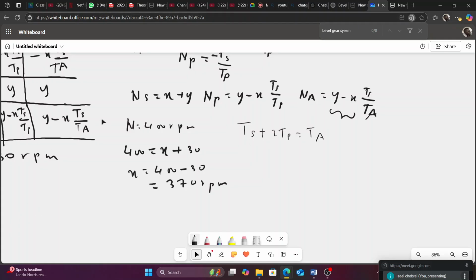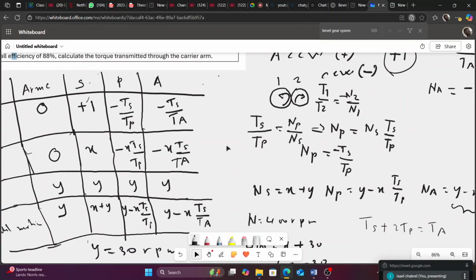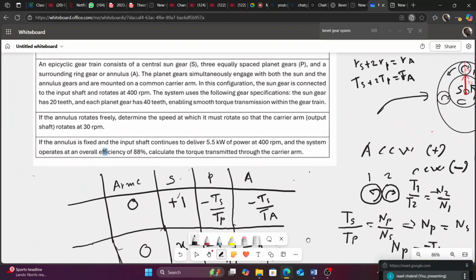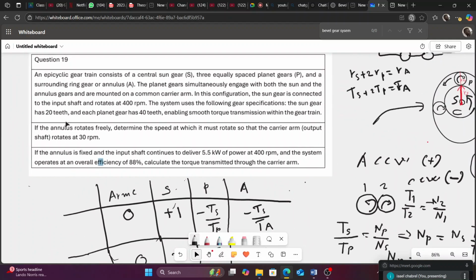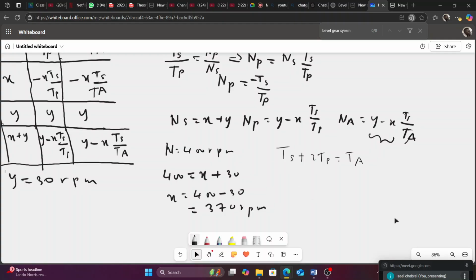On the example that we did, we were asked to solve for all the number of teeth, but in this case, we were given the number of teeth of the sun gear, which is 20, and the number of teeth of the planet gears, which is 40. TS is what again? 20, right? Definitely we can conclude that TA is what? 100. No, it's number of teeth. It's not like it's a number.